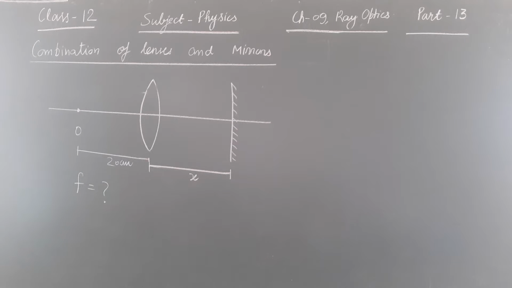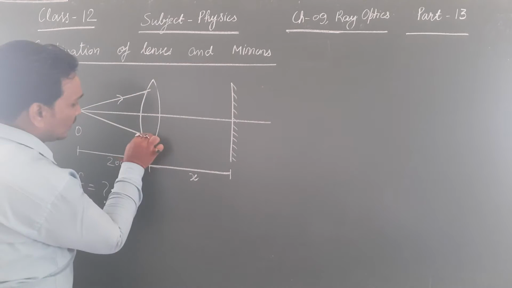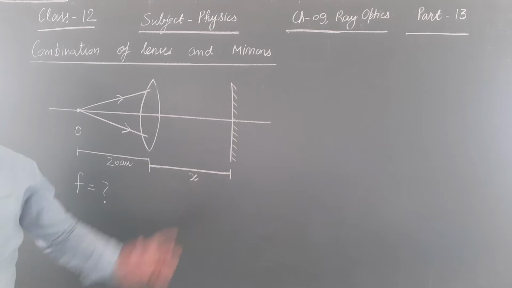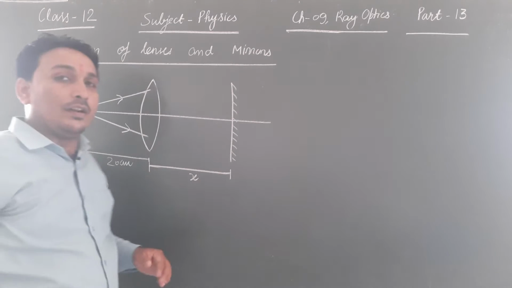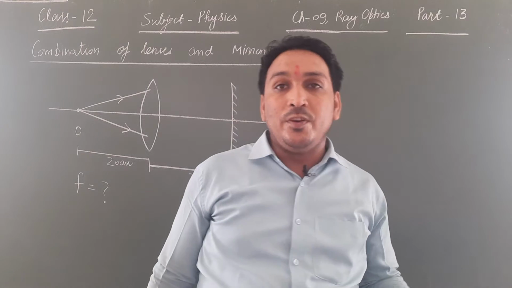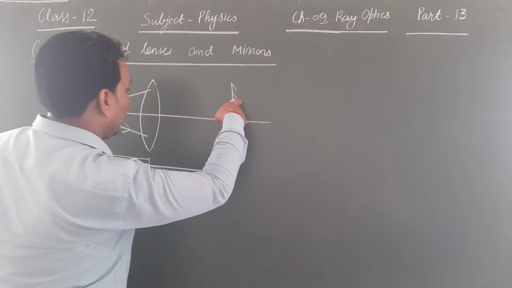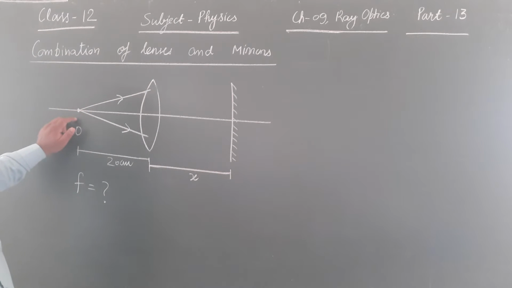Now let us try to solve this question with the help of a ray diagram. From the object, if a ray strikes the lens, then whatever image is formed by the lens will act as an object for the plane mirror. You need to understand that the image of the object coincides with the object itself. It simply means that the ray of light must retrace its path. The ray of light strikes the plane mirror and again retraces its path and they intersect each other at the point O only.